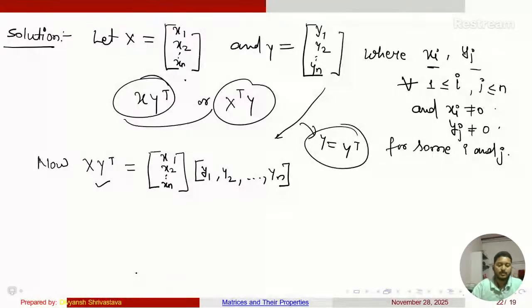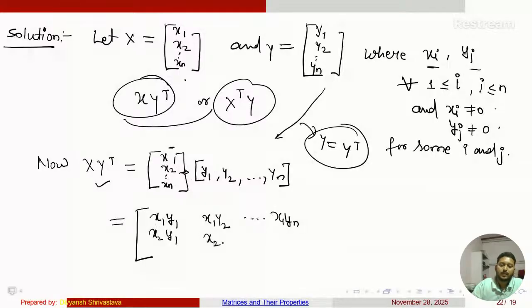Now come to the point when we multiply both. You know the multiplication of matrices: these are column matrices and these are row matrices, so multiply one by one. x1 with y1, then x1 with y2, and so on up to x1 with yn. Then multiply the second element, x2 with y1, x2 with y2, and so on. Finally the last element, xn, multiplied with y1, then xn with y2, up to xn yn.